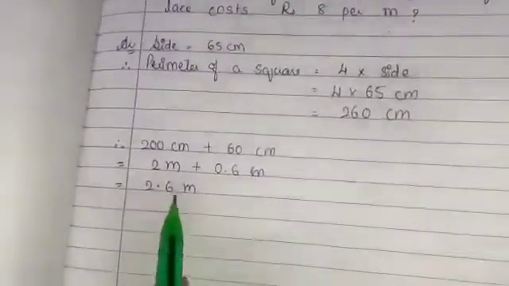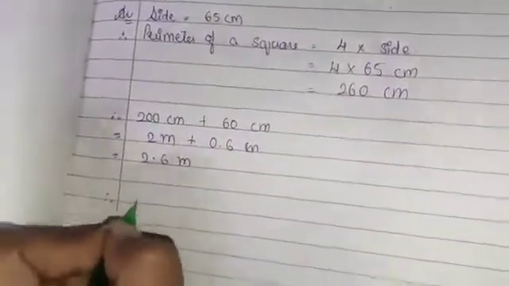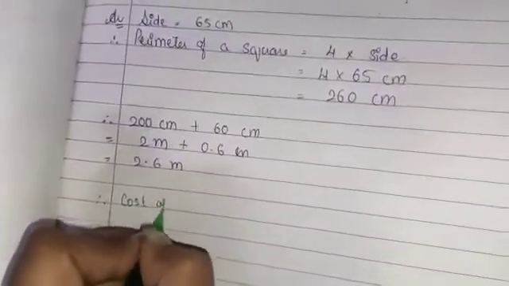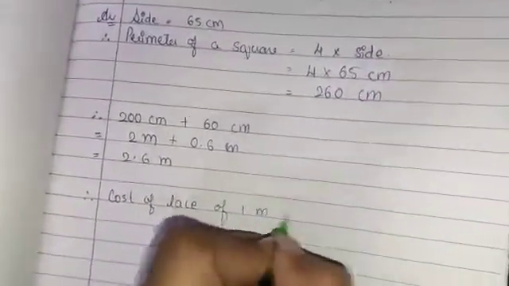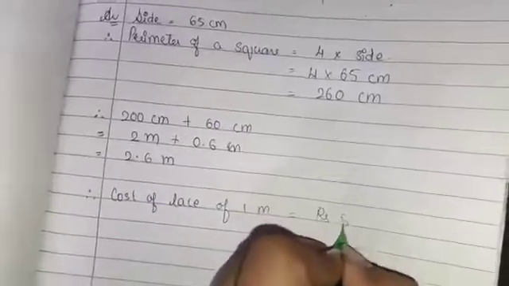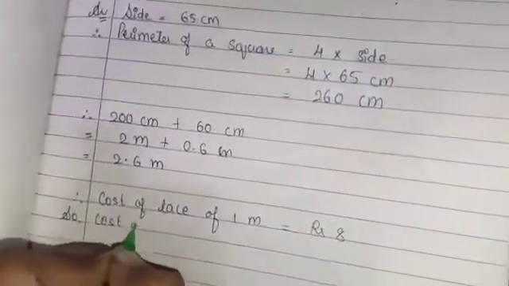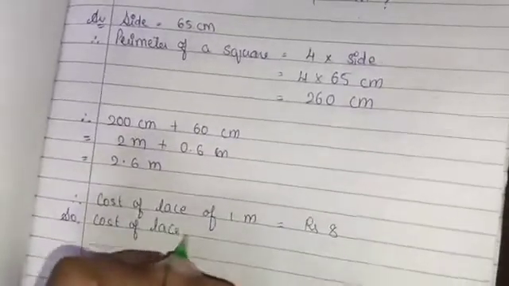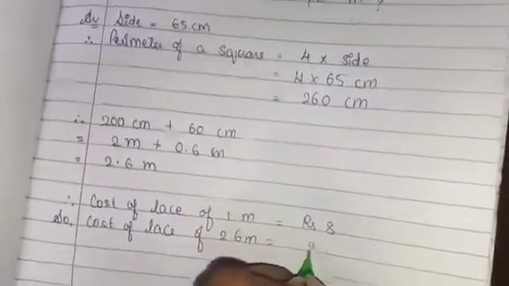So we have more than 1 meter, so we need to put it in a formula first. Therefore cost of lace of 1 meter equals rupees 8. So cost of lace of 2.6 meter will be how much?